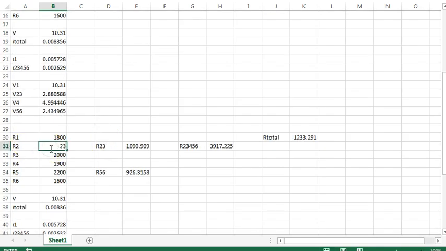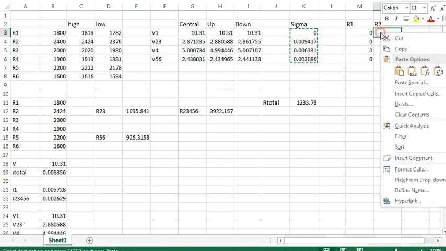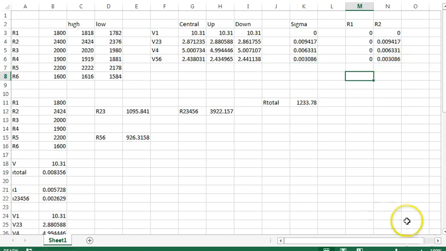Now we have different sigmas. This is taking R2 up, taking R2 down, right? So R2, our sigma on these voltages due to R2. All right, 9 millivolts, 6 millivolts, 3 millivolts.